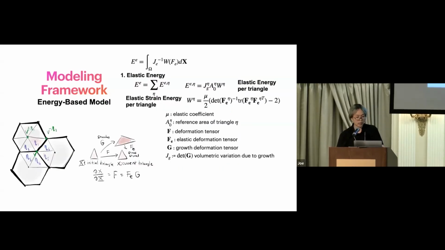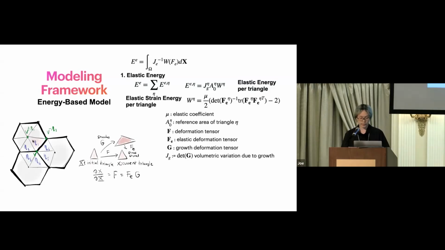Our model is also based on energy, so we incorporate several physical terms. The first one that I want to present is called the elastic energy. We incorporate the elastic strain energy at the subcellular level by triangulating the cell, or polygon, into multiple triangles, depending on the centroid of the polygon.